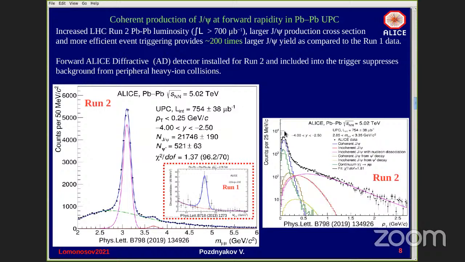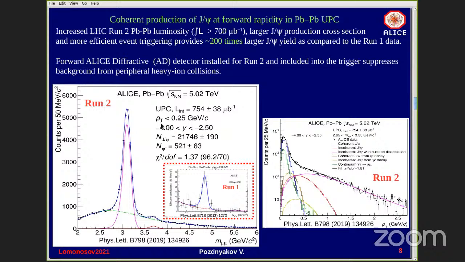So two main sources. And on the mass fit, you see these two-photon spectra, and also we have nicely seen J/psi and Psi prime. And you see the comparison with Run 1. Here 30, 35, here 4,000, 5,000. So very nice statistics.